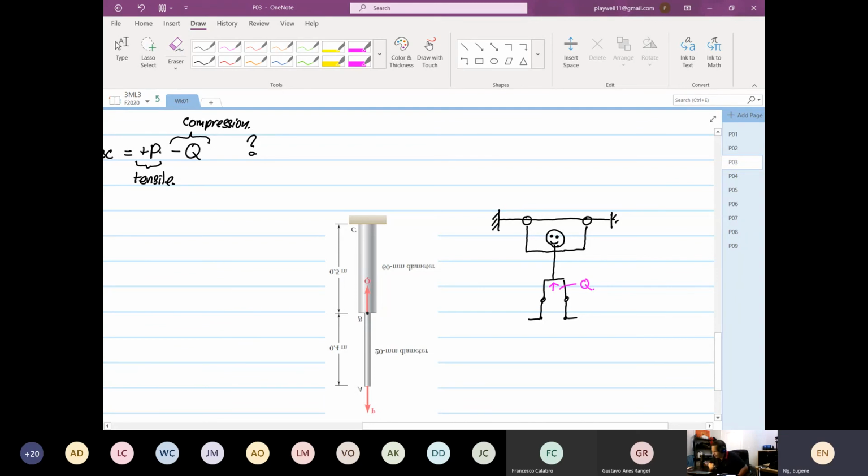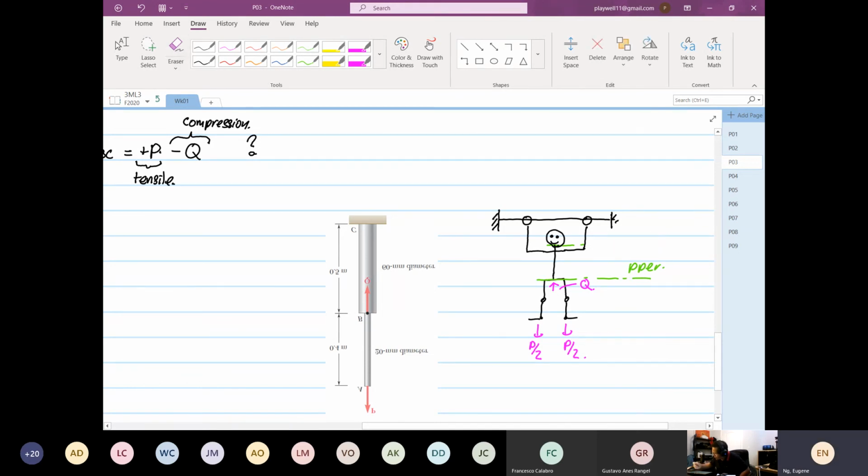This is your Q, right? And then we have a load down here, and this is P over 2. This is P over 2, right? So I'm going to divide this into sections now.